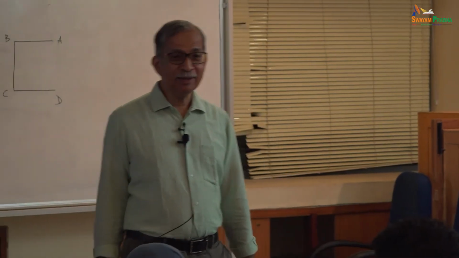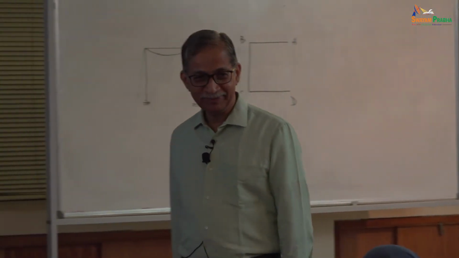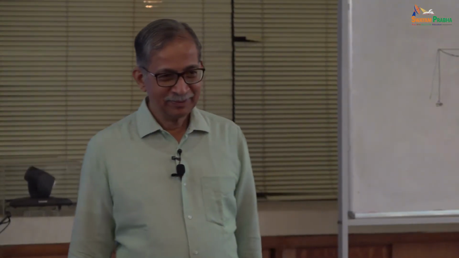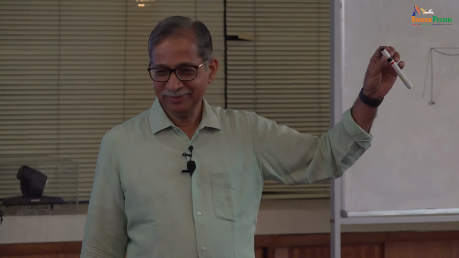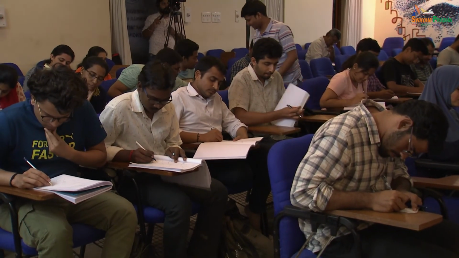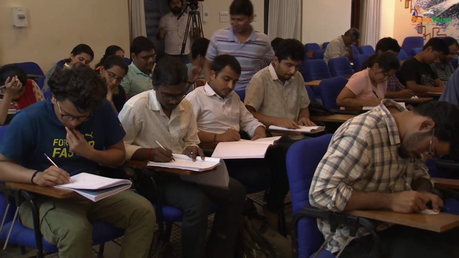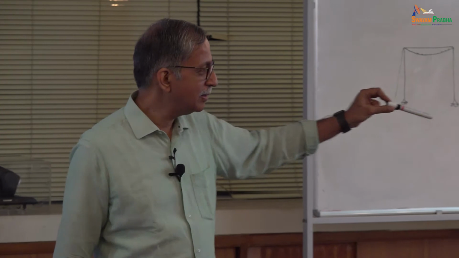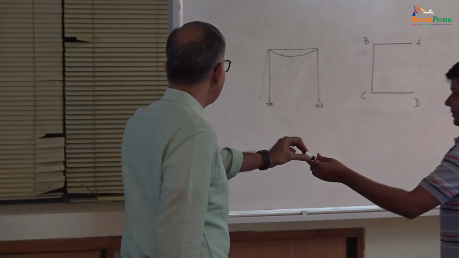Can you draw the probable bending moment diagram? You want to try? Just try. No harm. It's always good to start from the cantilever. You can't go wrong. So draw that, draw it on the right side.